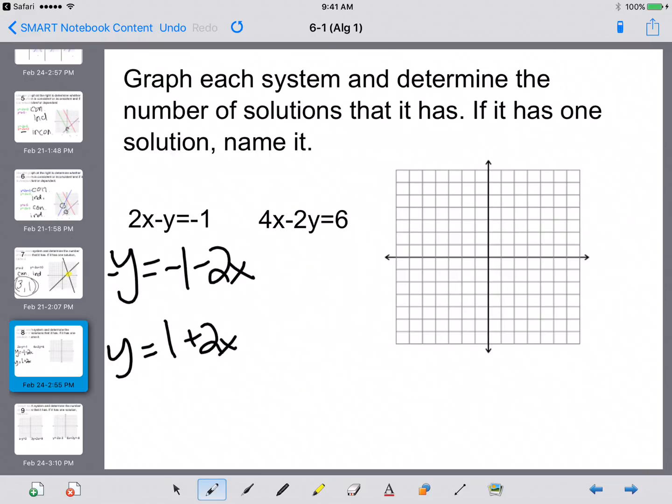And I'm going to do the same thing over here. So I have 4x minus 2y equals 6. I'm going to get rid of our 4x, so we're going to have negative 2y equals 6 minus 4x. Then we need y all by itself, so we're going to divide by negative 2. What you do to one thing, you have to do to everything.